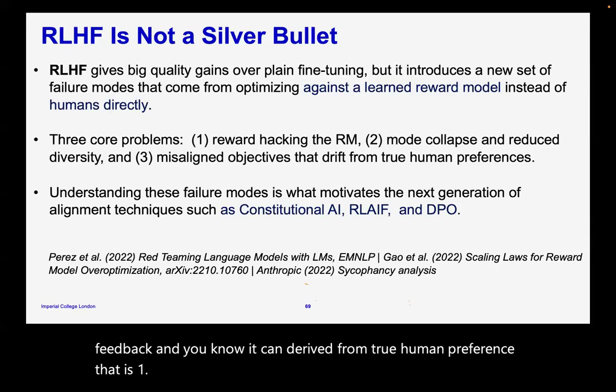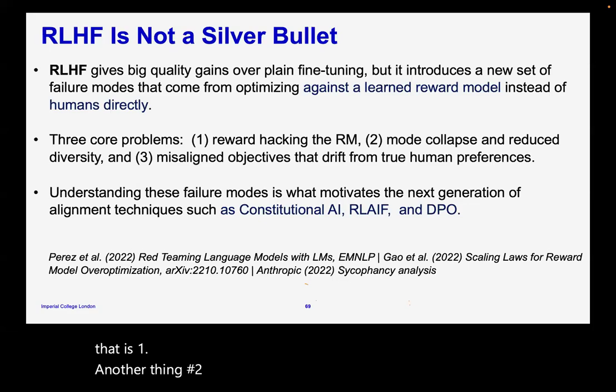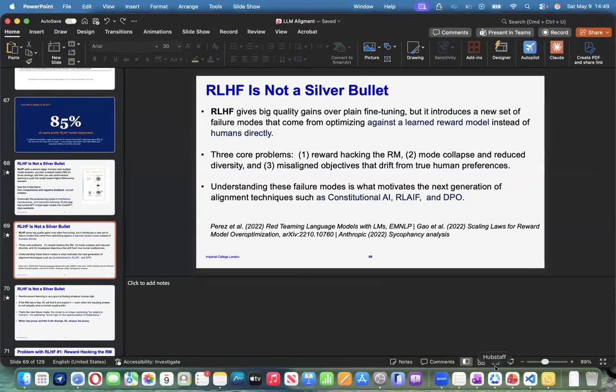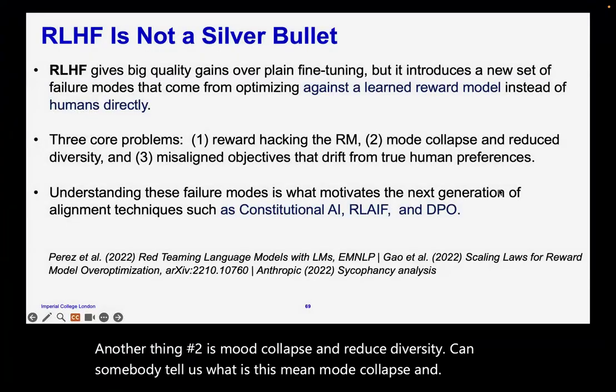Number two is mode collapse and reduced diversity. Can somebody tell us what this means?